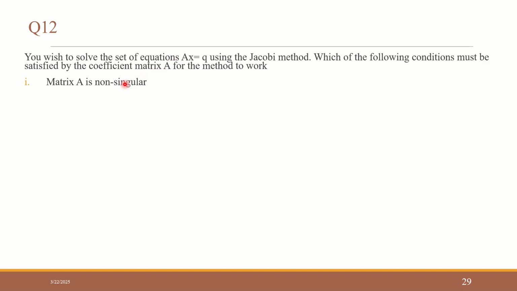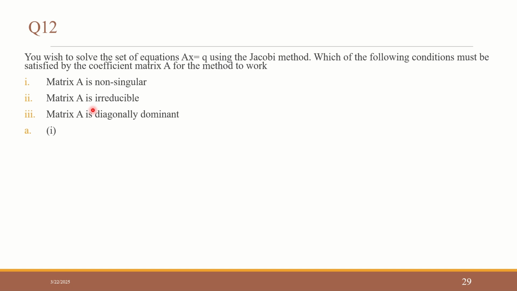When we talk about the options, option 1 is matrix A is non-singular. Second, matrix A is irreducible. Third, matrix A is diagonally dominant. All three are actually required conditions to be satisfied by the coefficient matrix A for the method to work.